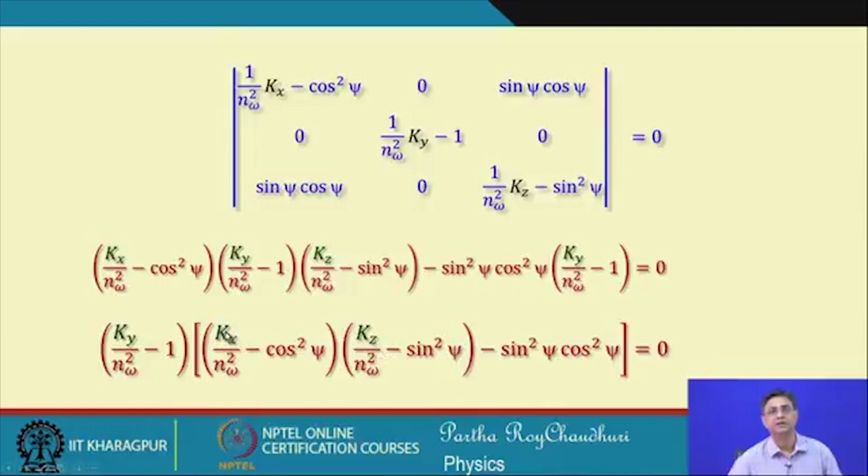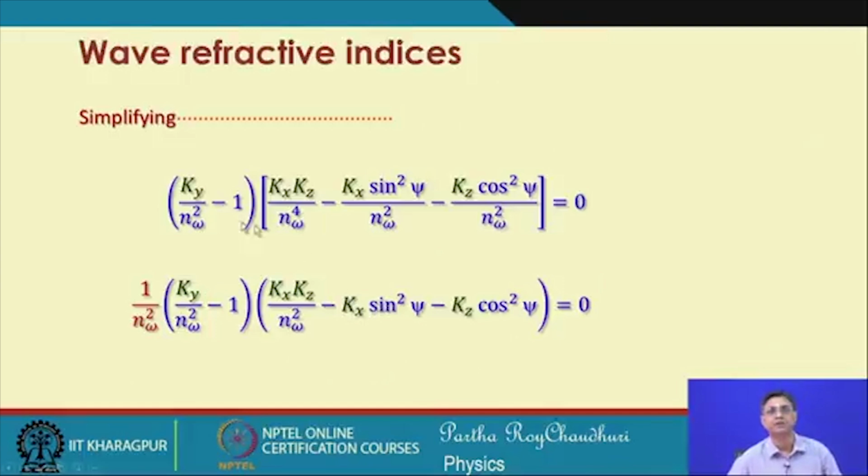There will be only k x by n omega square sin psi, k z by n omega square cosine psi with minus sign multiplied by this quantity. So, that is what it appears, that k y by n omega square minus 1 into this quantity is equal to 0. So, we get an equation which involves k x and k z, because the wave is travelling in the x z plane.